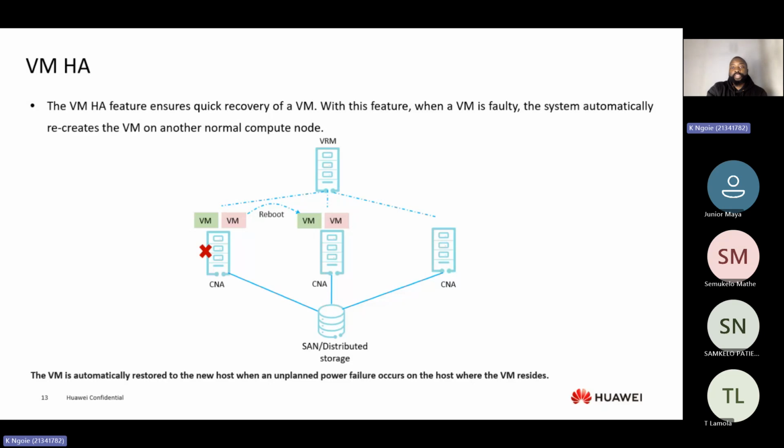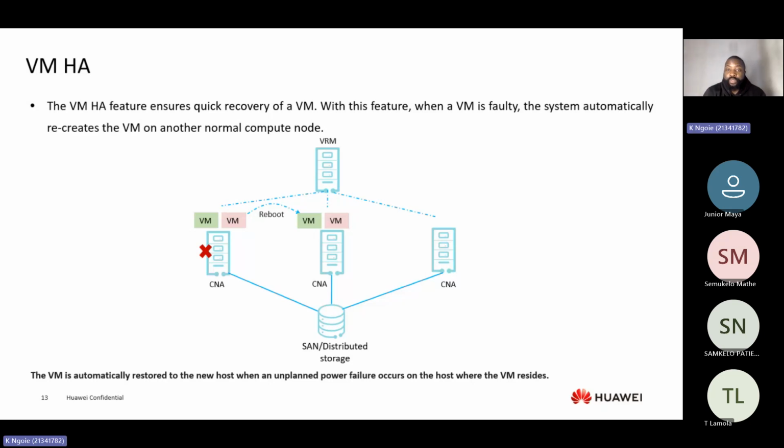So when we talk about VMHA, this feature will just ensure that a virtual machine can automatically recover from failures, right? So if we have any failure on a virtual machine, we need to automatically recover from failure without having a downtime or having the system interrupted or affecting the user. All right. Because the application that we are using or the system can be running critical services and we don't want to interrupt anything.